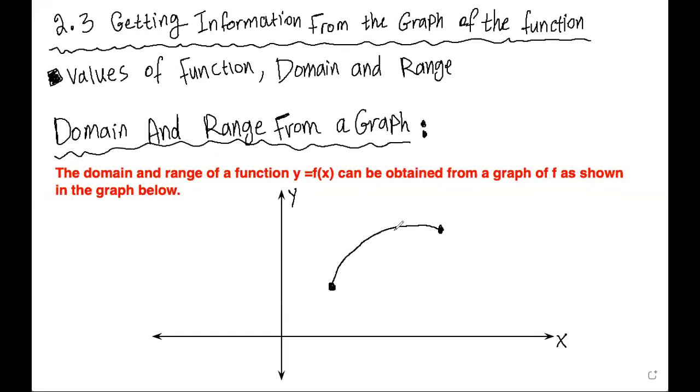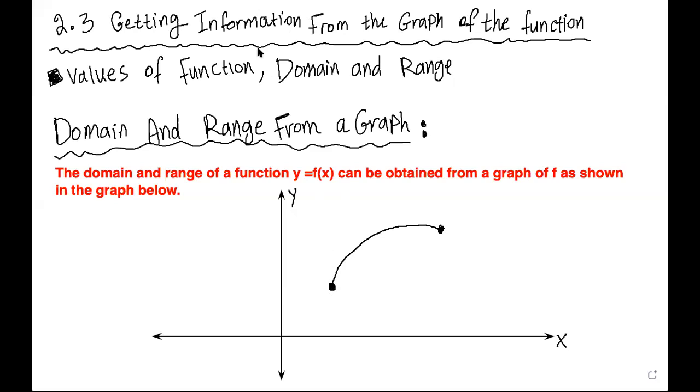So from the graph, after today, we can know what is the domain and what is the range by taking all the x values such that the function f is defined.